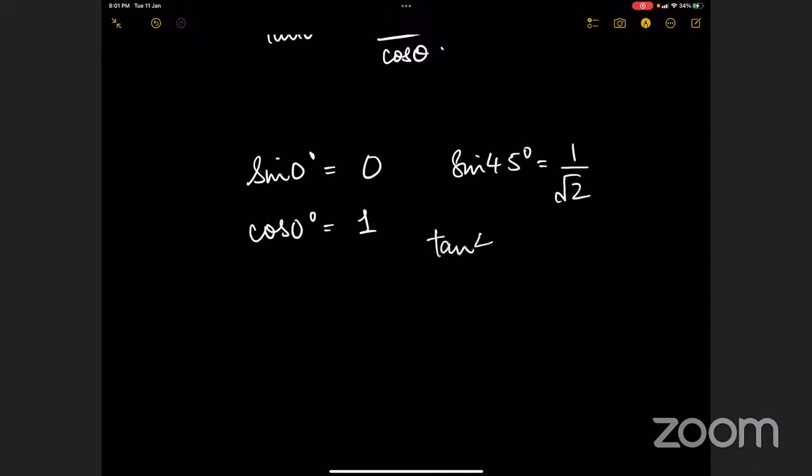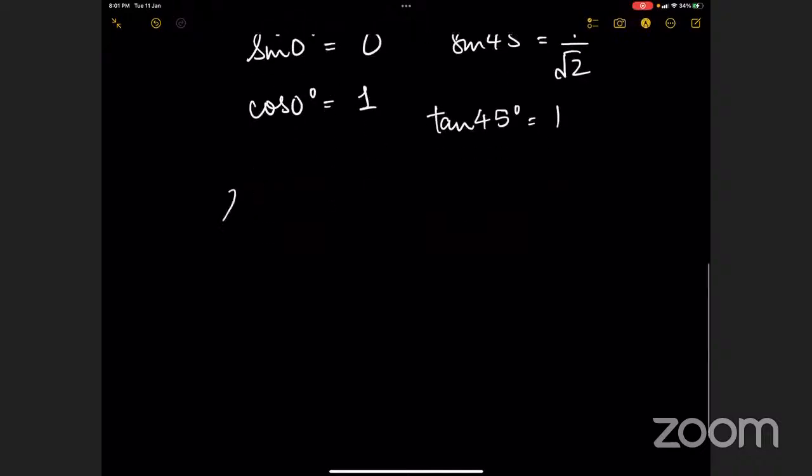Can you tell me how much is sine 0? Sine 0 is 0. Cos 0? Cos 0 is 1. Sine 45 degrees is 1 by root 2. Tan 45 degrees is 1. Very good. Sine 30 degrees is 1 by 2.